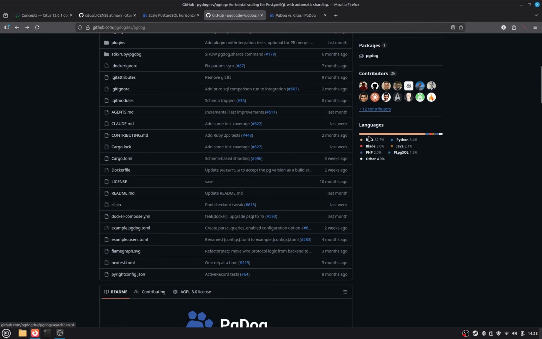I would prefer PgDog simply because Citus Data is now owned by Microsoft, and personally, being a GNU fanatic, I am not a fan of Microsoft. So if you fall in the other camp, we can probably use Citus if you have an OLAP workload. And if you need OLTP, like you want to scale SQL just like a NoSQL database, prefer PgDog.